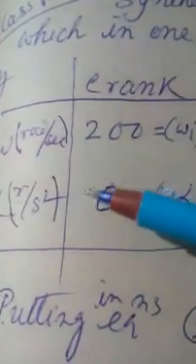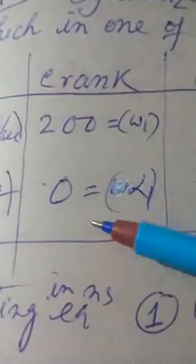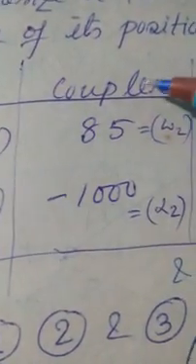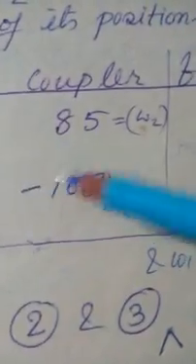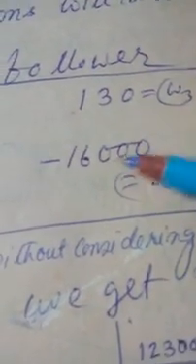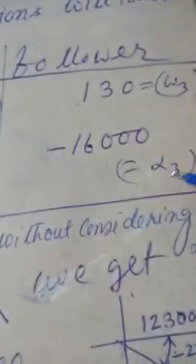It's the angular velocity and it is the angular acceleration. For crank this is, for coupler this is minus, okay. For follower this is minus alpha 3.